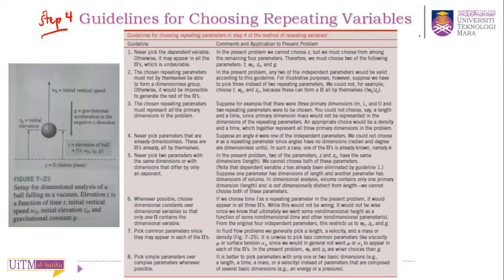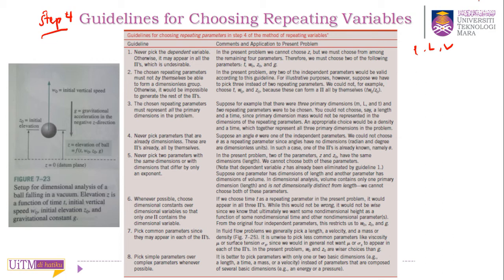They mention in the question, let's say, take rho, take L, and take V as your repeating variables. If they mention that in the question, you don't need to use this guideline, because it's given, and that is very common.